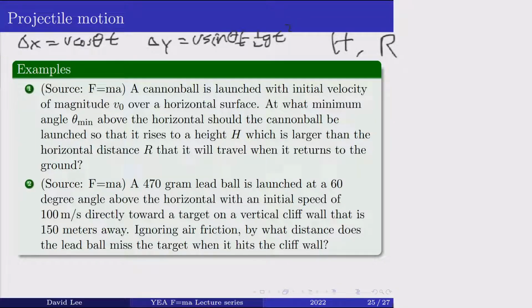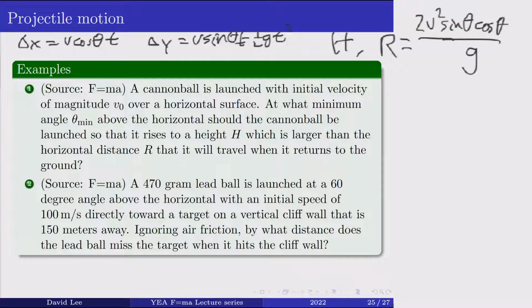How far it travels? Yeah, okay, good. So I will write it as 2v squared sine theta cosine theta over g. This is r. It's also v squared sine 2 theta over g.